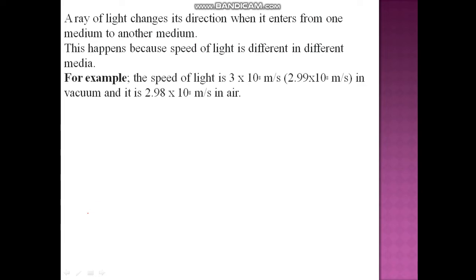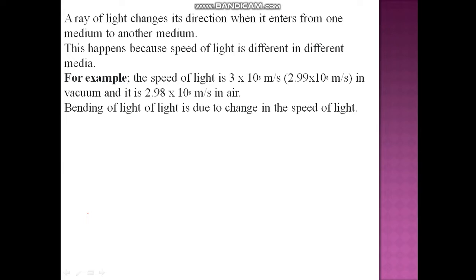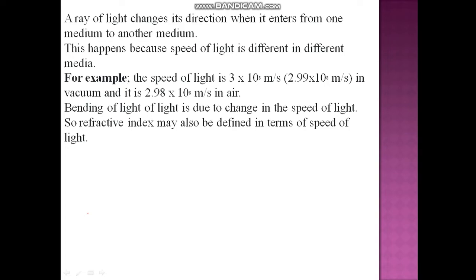For example, the speed of light is 3 into 10 to the power of 8 meter per second, or precisely 2.99 into 10 to the power of 8 meter per second in vacuum, and in air it is 2.98 into 10 to the power of 8 meter per second. Bending of light is due to change in speed of light. So children, refractive index may also be defined in terms of speed of light.